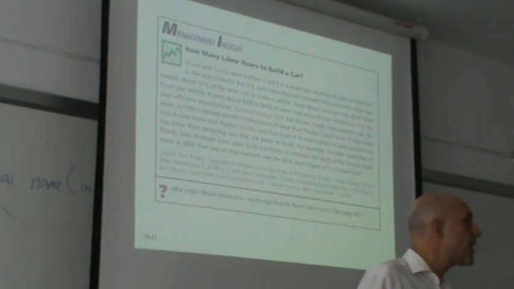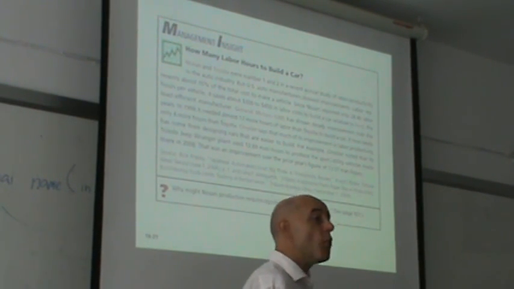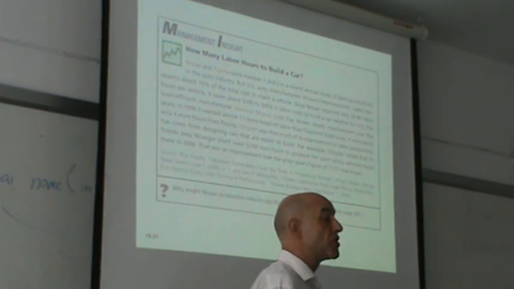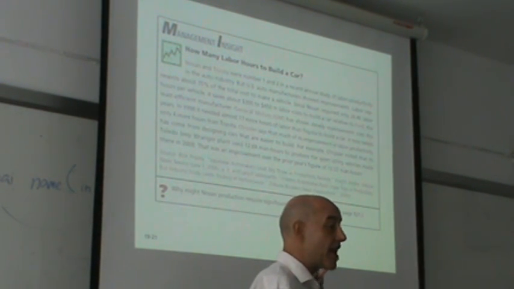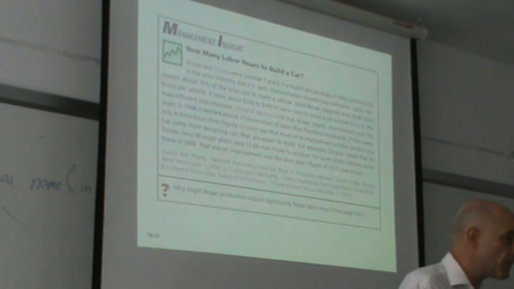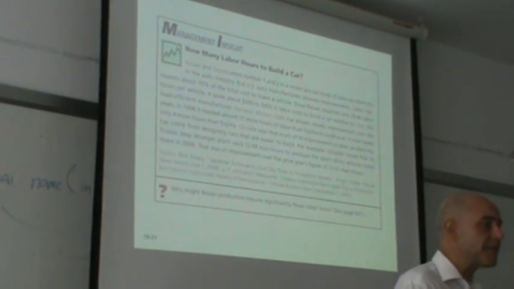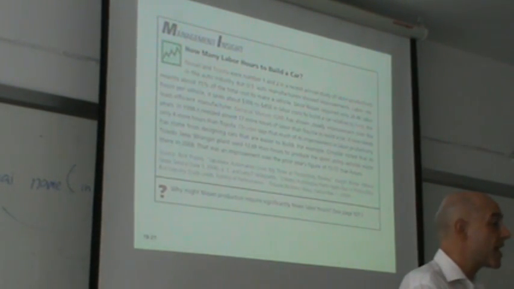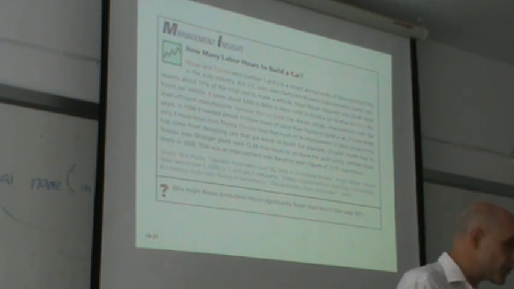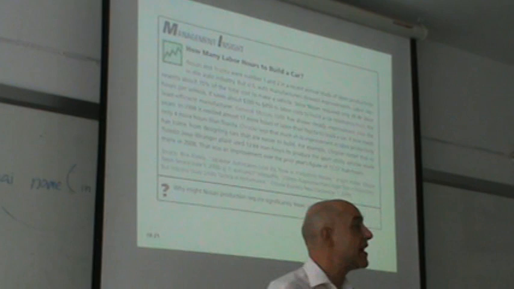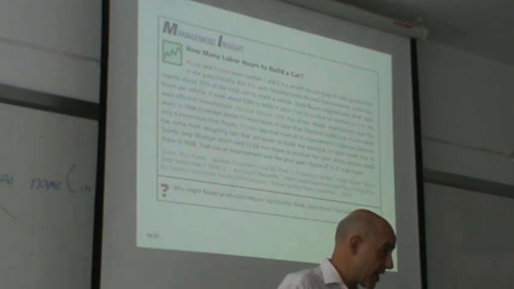So a lot of times today, it's more difficult to determine direct labor when things are very, very automated. Sometimes labor is not as important as software, as computer programs, as robots.